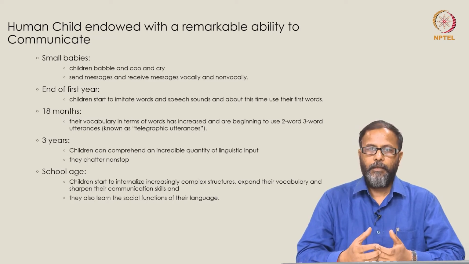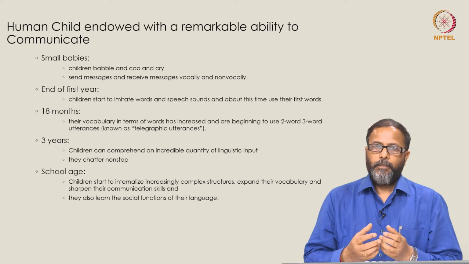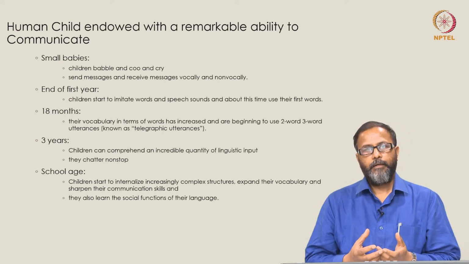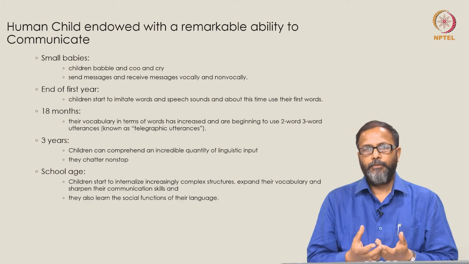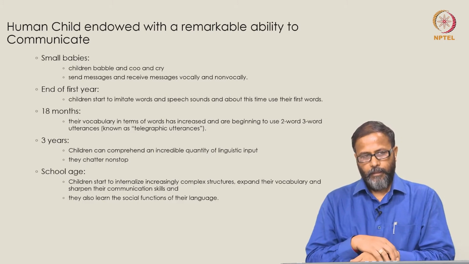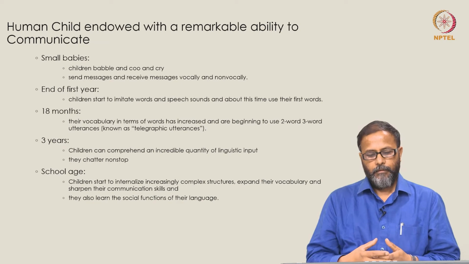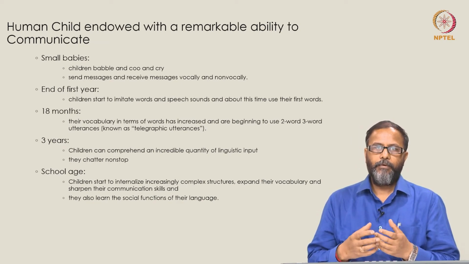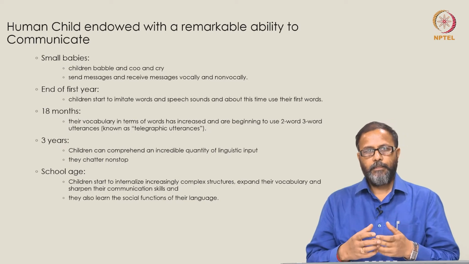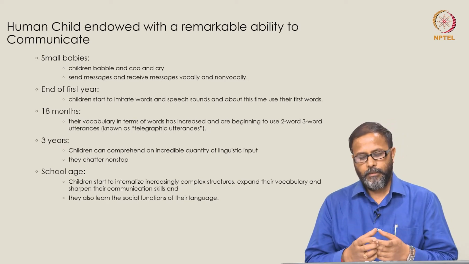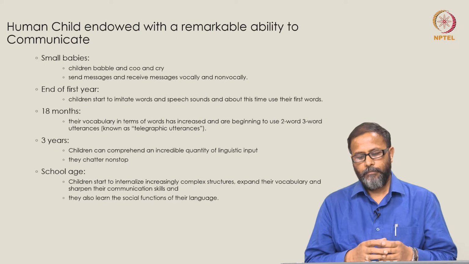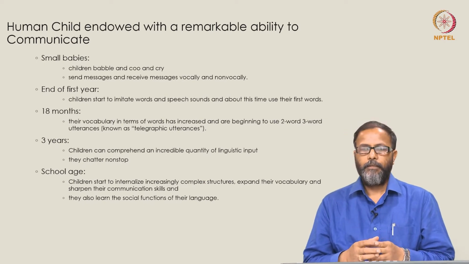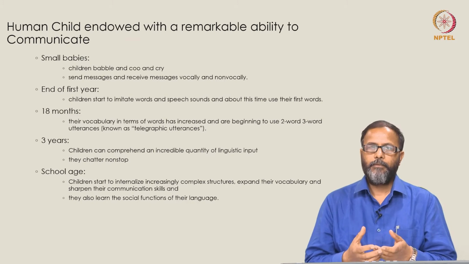specifically in early childhood. Small babies babble and coo and cry. This is how they start producing noise, and they send messages vocally and non-vocally. But by the end of the first year, they start to imitate words and speech sounds, and towards the end of 1 year, they are able to utter their first word.